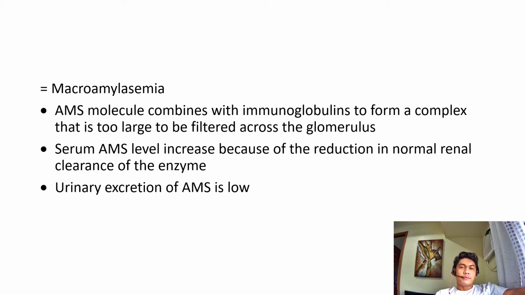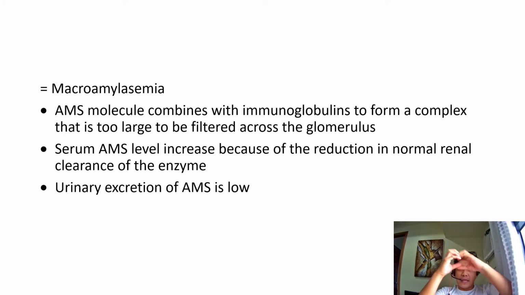This is because of the decrease in the normal renal clearance of the amylase enzyme. The reason is that the amylase enzyme made a complex with immunoglobulin. So it's a combination of amylase and immunoglobulin, and that's too big to be filtered out by the glomerulus.